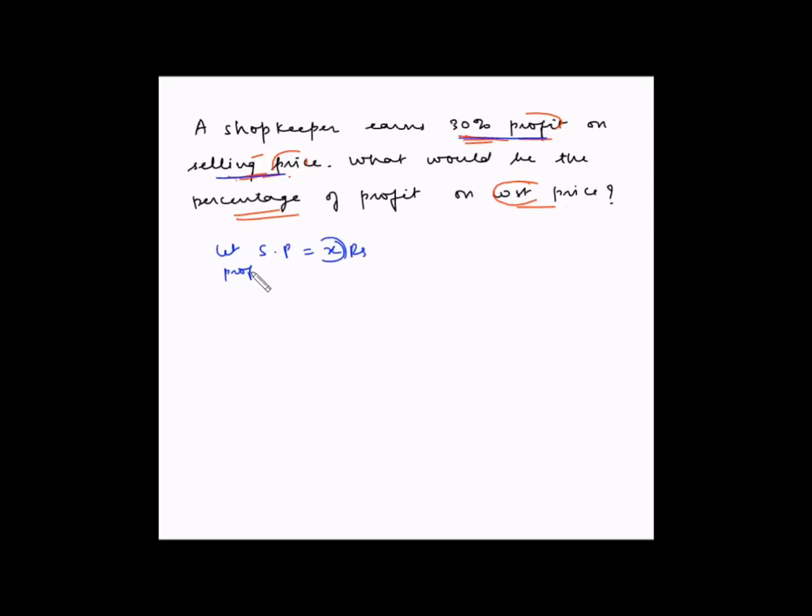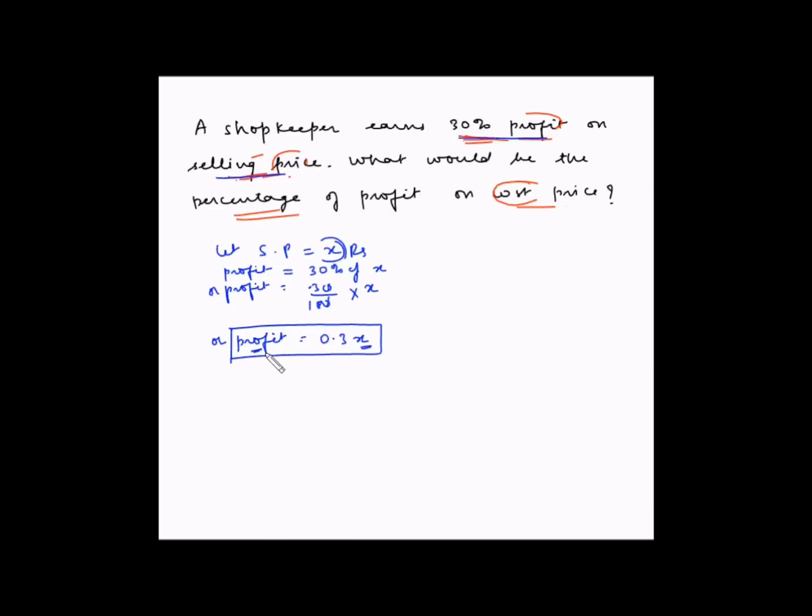So profit is equal to 30% of X, or profit is equal to 30 divided by 100 multiplied by X, or profit is equal to 0.3 times X. So this is the relationship that we have been provided between the selling price and the profit.